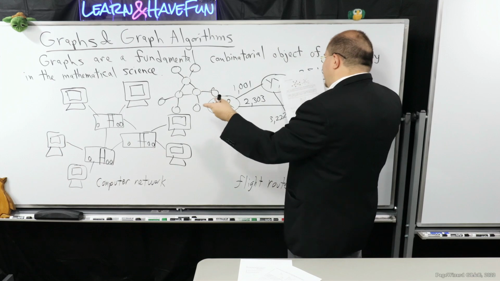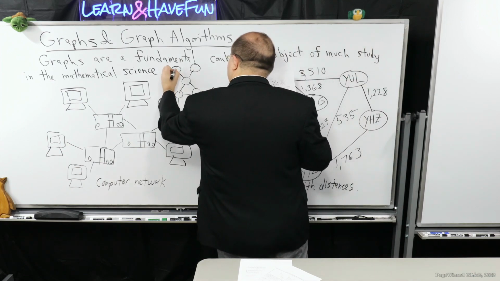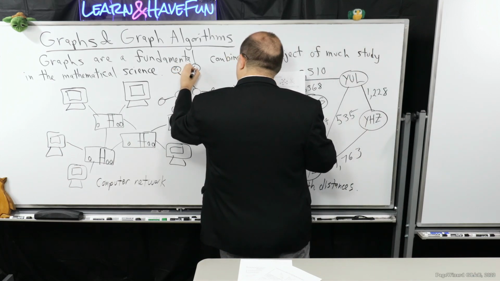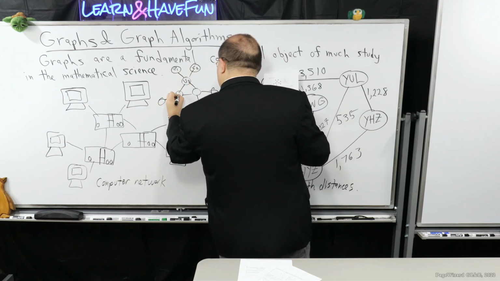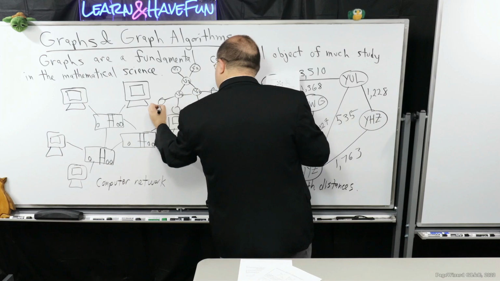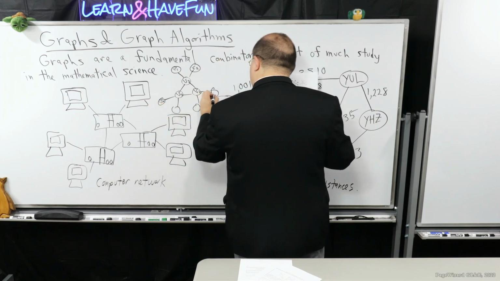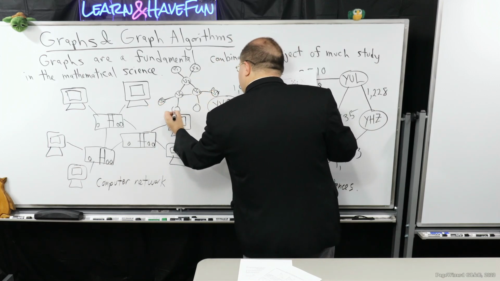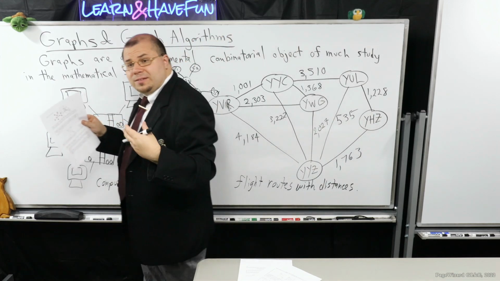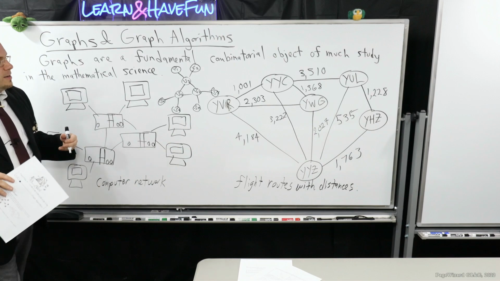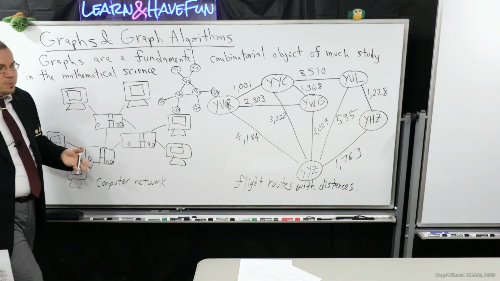So each one of these I can label. So I could call this one V1. I'll call that V2. This may be V3. Let's say that's V4, V5, V6, V7, V8, V9. These may have different labels on them. That's an example of a labeled graph. So these labels may correspond to indices.